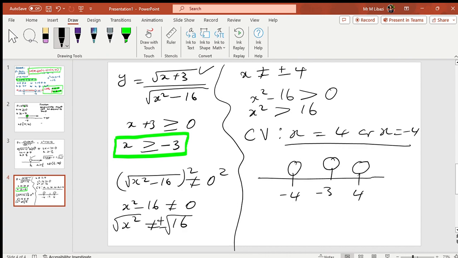Do you guys have any questions so far? Can you say that again? Yes, the condition, this condition that is from the one I highlighted in green. Is that what you mean?